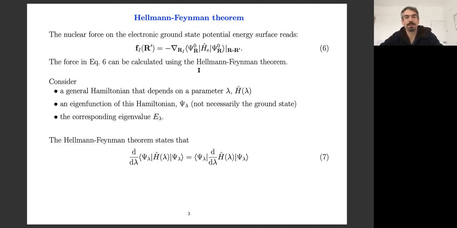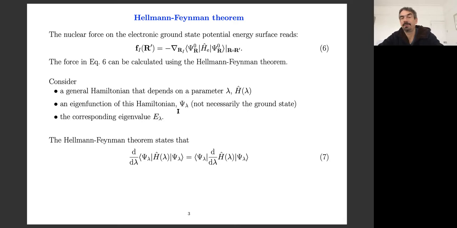What I consider is a general Hamiltonian H. It doesn't have to be an electronic Hamiltonian, it can be anything, that depends on a parameter lambda. So H is a function of lambda. And then you consider an eigenfunction of this Hamiltonian, which we call psi lambda.